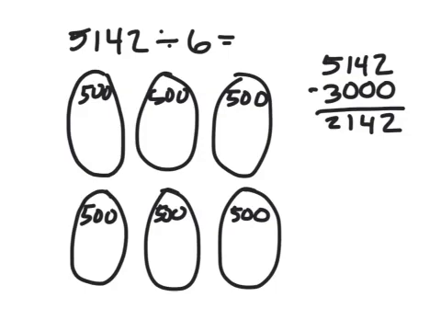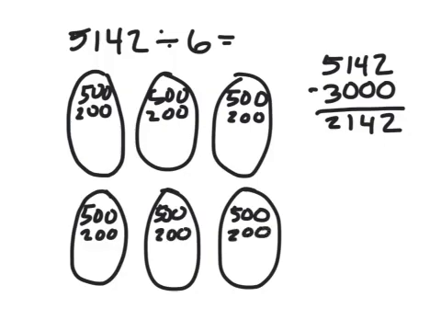Well, I think I can keep going with hundreds, so why don't I try putting 200 into each group? So if I put 200 into each group, that would be 1,200 altogether.